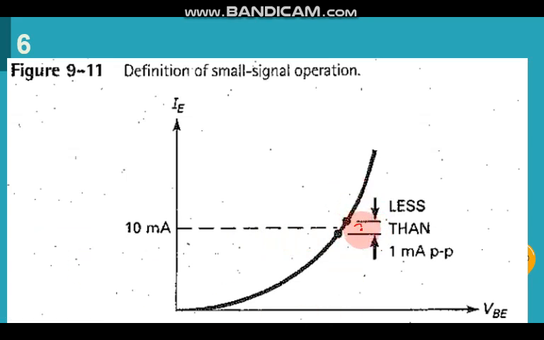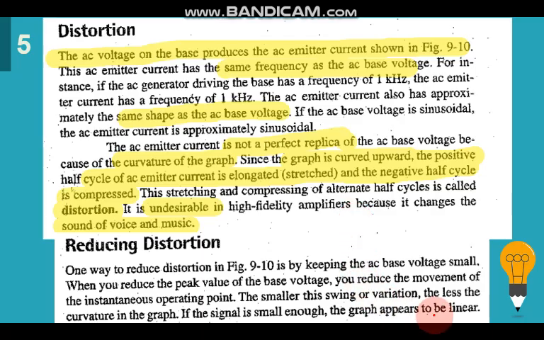If your variation in AC is very small for this region, then we can say that we can consider this as almost a linear portion, and only a very small part of the curvature is included. So we can see that we are getting the graph as a linear graph.